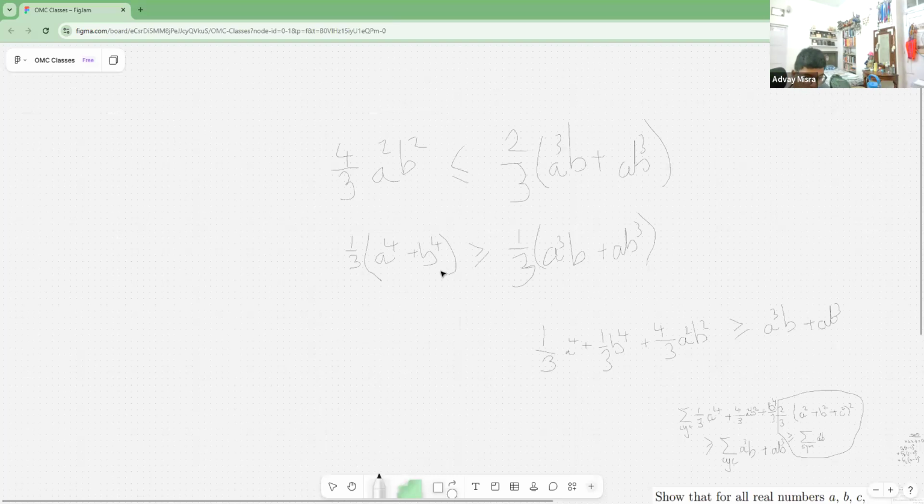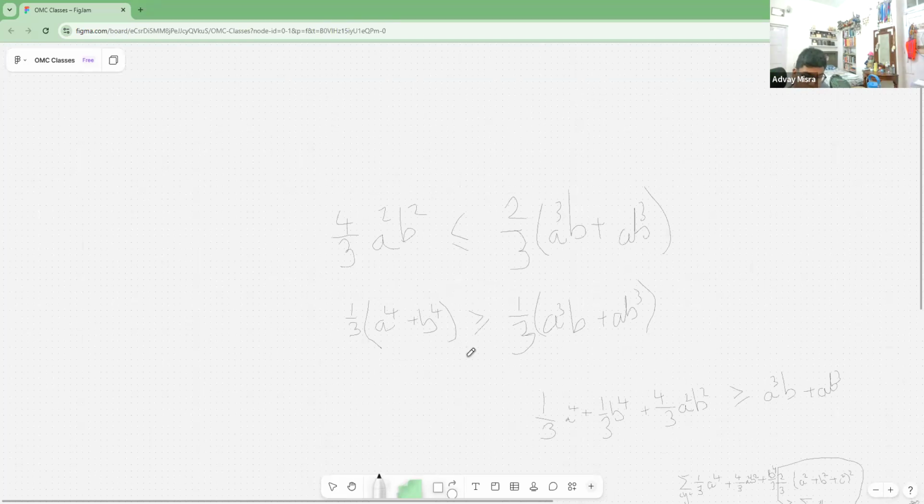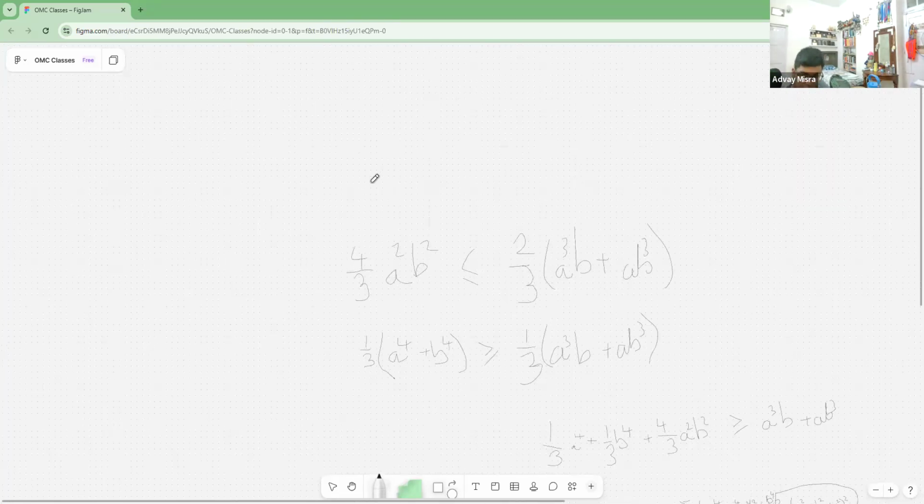But what we can now do is rewrite these inequalities in the form that 1/3 of, the idea is that we factor out (a minus b) whole squared from the whole inequality.